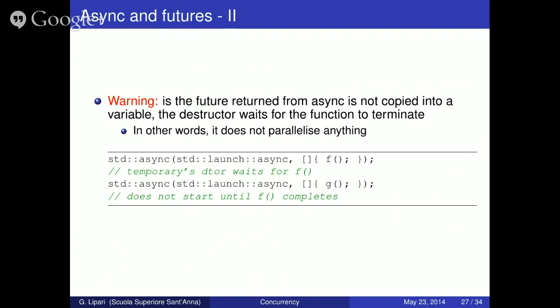So basically, this doesn't parallelize anything, because the temporary destructor of f will wait for the future to get completed. So it waits for the termination of f. And g does not start until f completes, and also the following instruction will wait for g. So basically, this doesn't parallelize anything.